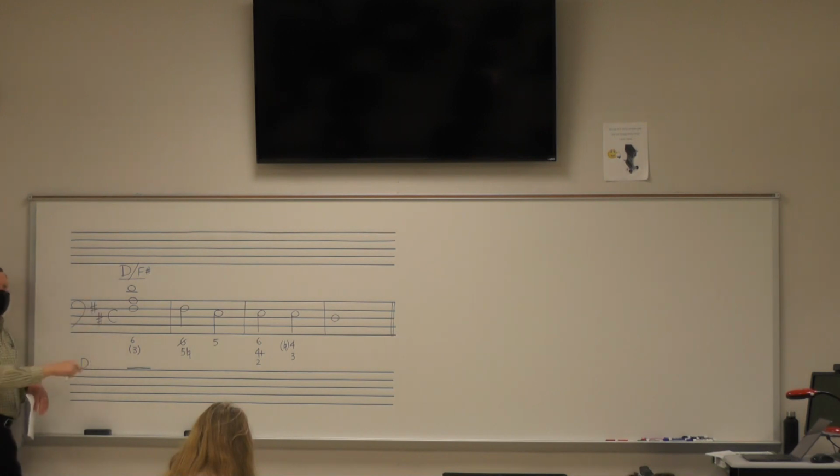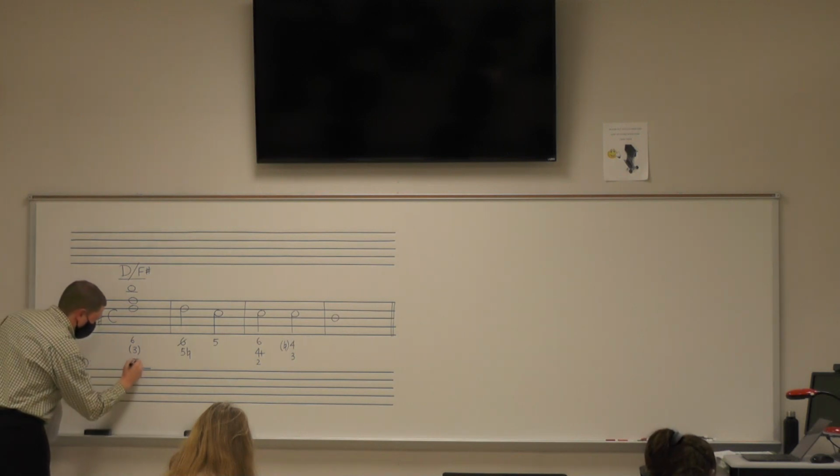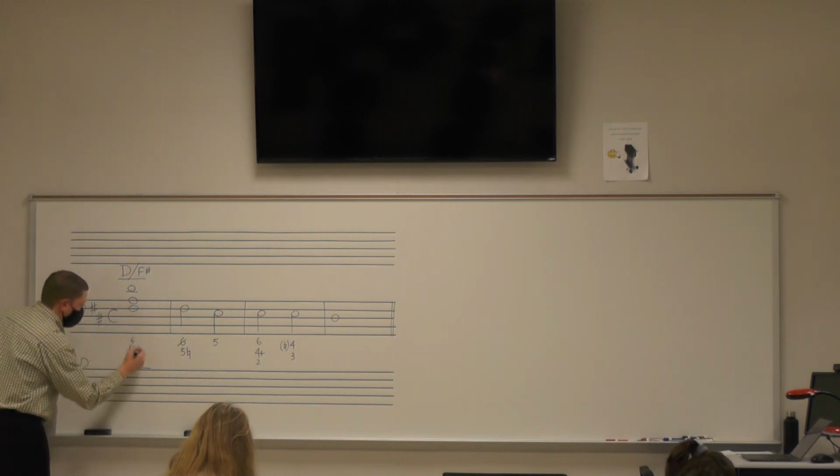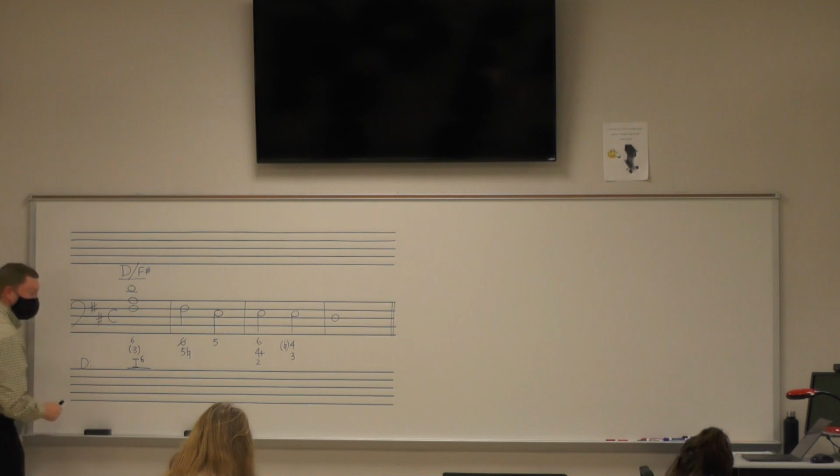What Roman numeral should I give that chord in the key of D major? A capital I, I would agree, with a 6. That's right, it's not in root position. It's in first inversion, so I 6. Why do I use the I?